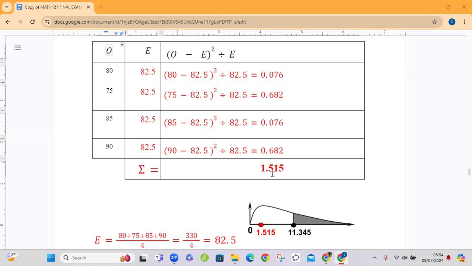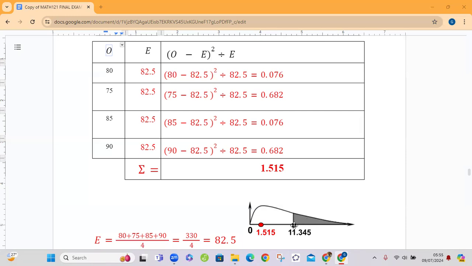And here you have the distribution curve. For the chi-square, the curve will always be skewed towards the right, unlike the z-test, which will be a normal curve, which can be both left tail, right tail, or two tail. For the chi-square it will always be skewed towards the right. The critical region will always be on the right, as you can see, and the critical point will be on the right.